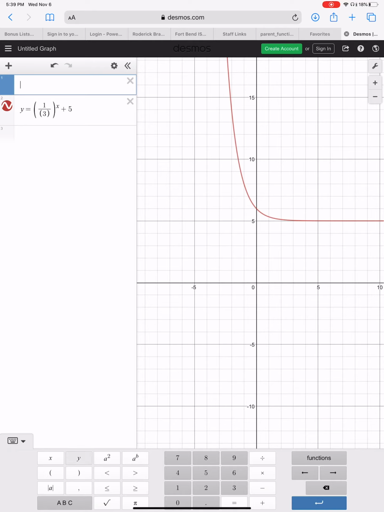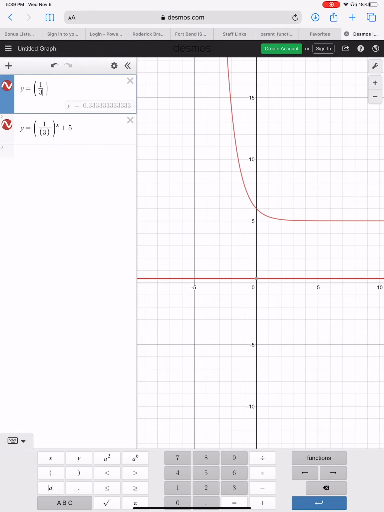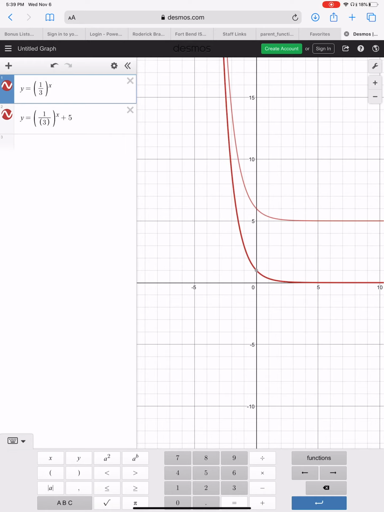A is 1/3, so it'll be y equals parentheses 1 divided by 3. We're going to close the parentheses and do the a to the b power. I'm going to raise it to the x and hit enter. All right. So those are my two functions.